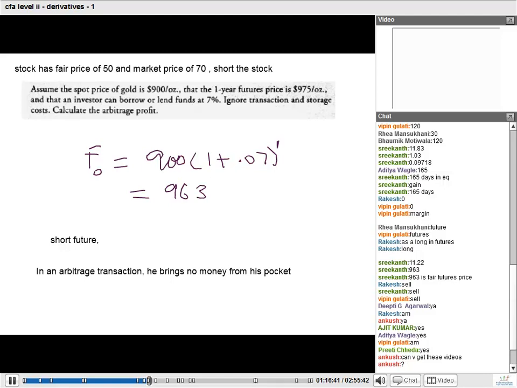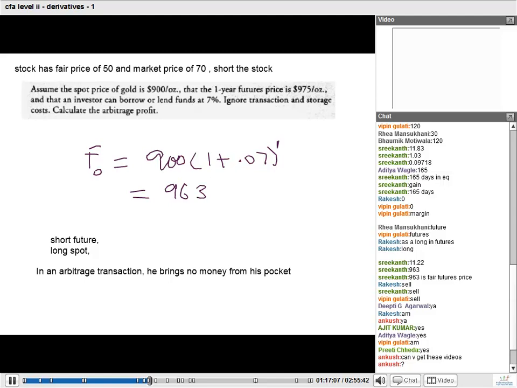So in this case, he is short the future. If he's short the future, means he'll have to deliver the asset. How will he deliver the asset? He will have to long it. So he will long the asset in the spot, short it in the future, long it in the spot.